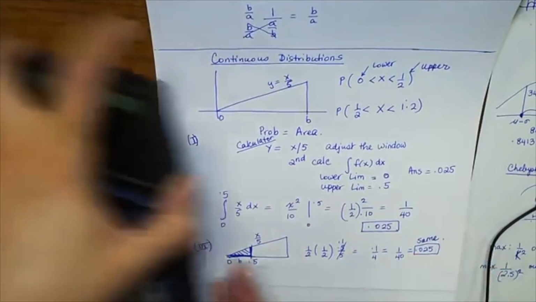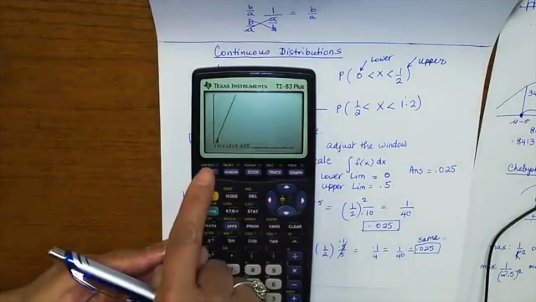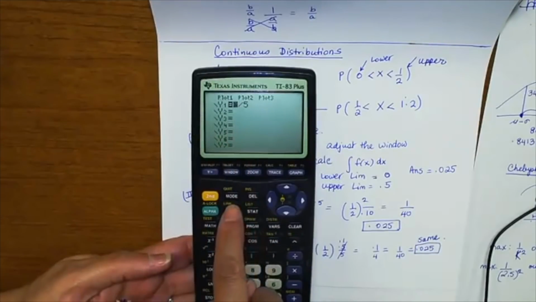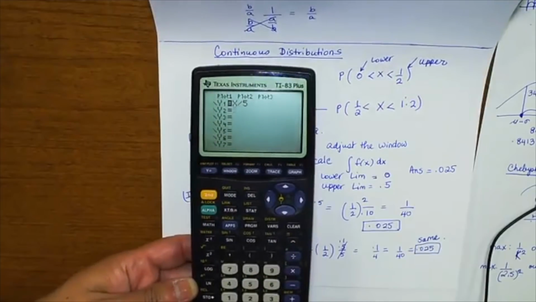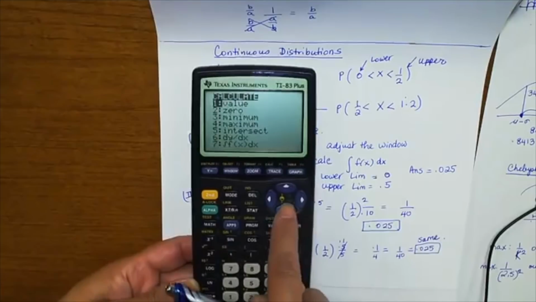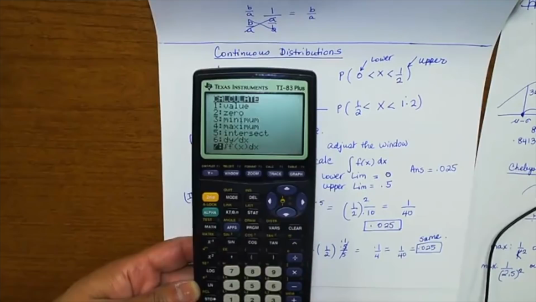So if I was doing a new problem, I would start here at y equals. Put the function in, x divided by 5. Then you go to second calc, go all the way down to number 7, which is integral of f of x dx.